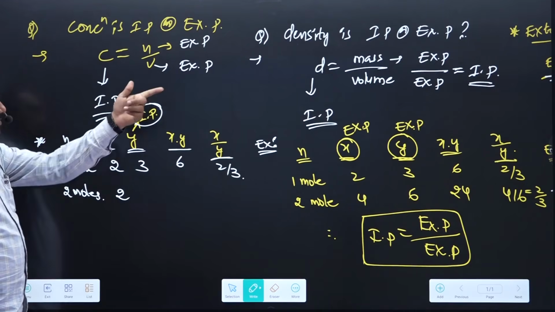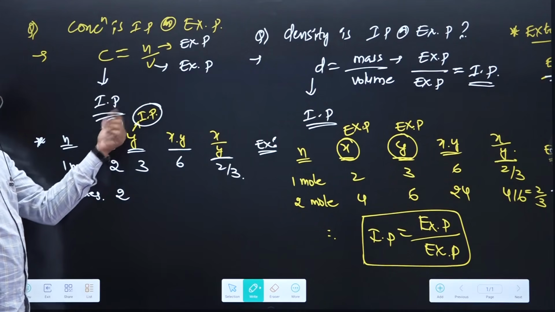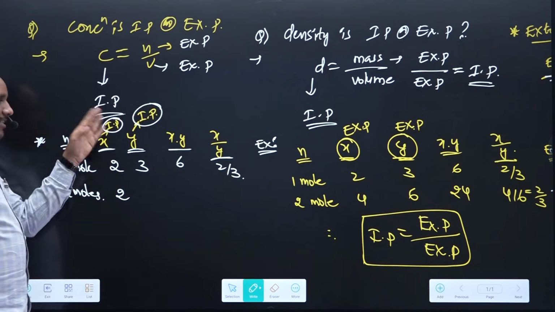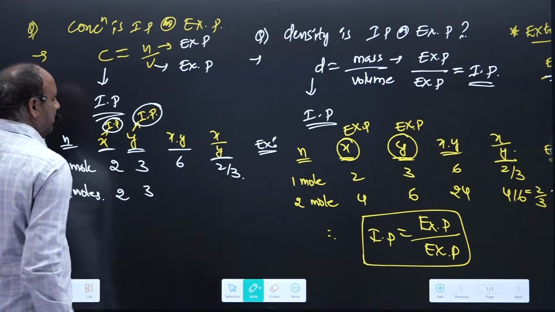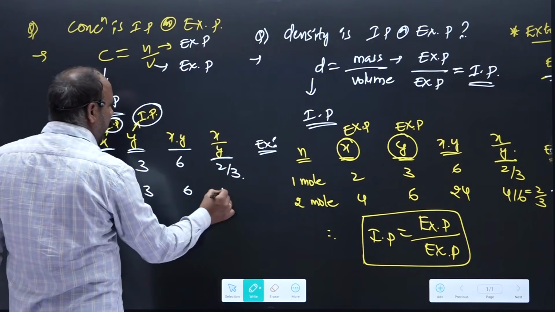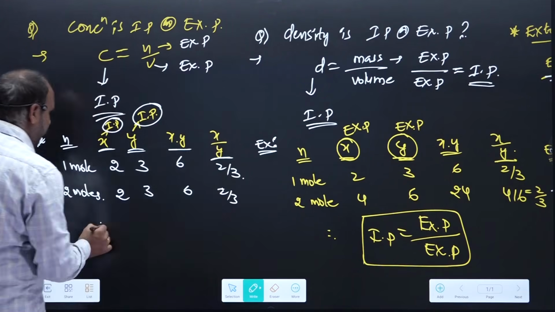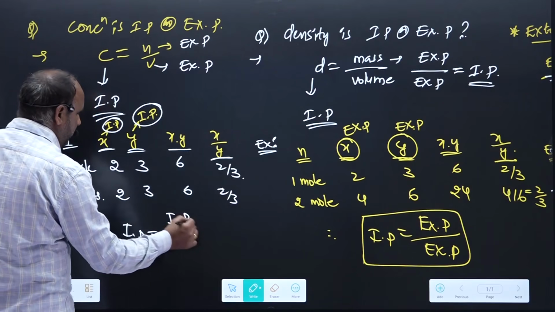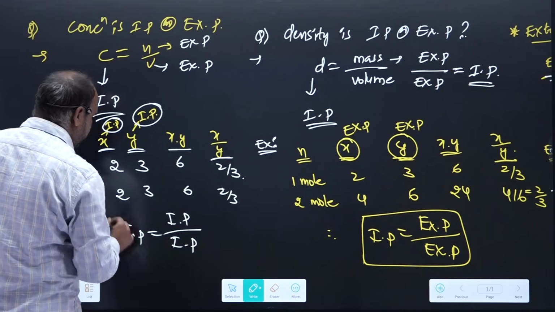We are discussing intensive property, which means independent. So whatever the number of moles, it is independent of that. Therefore, what is the value? 3. Therefore, what is X into Y? 6. What about X by Y? 2. Therefore, intensive property equals intensive property by intensive property.